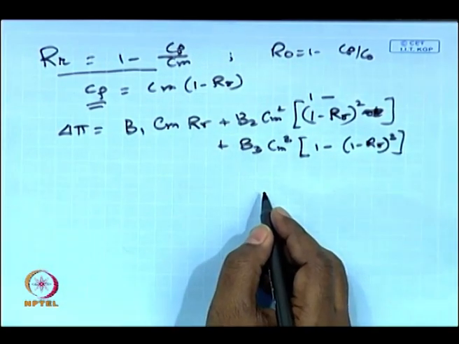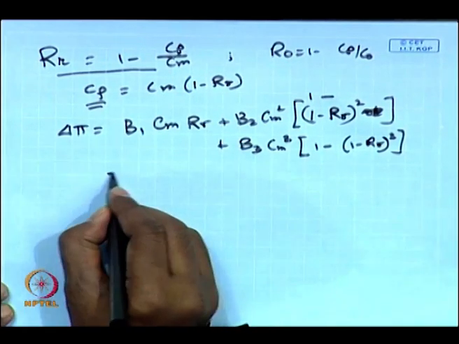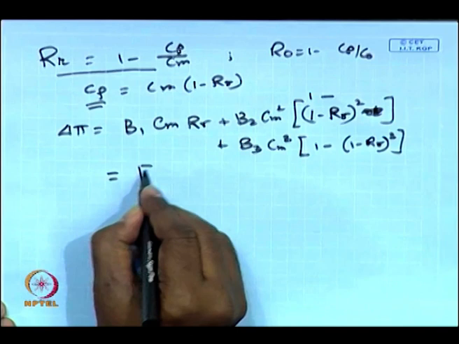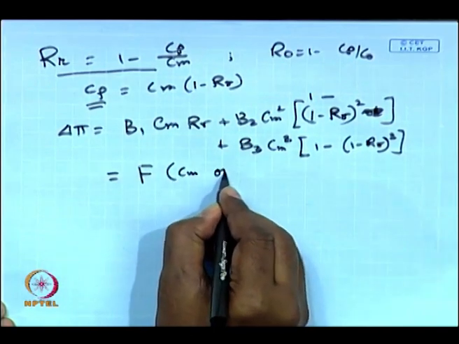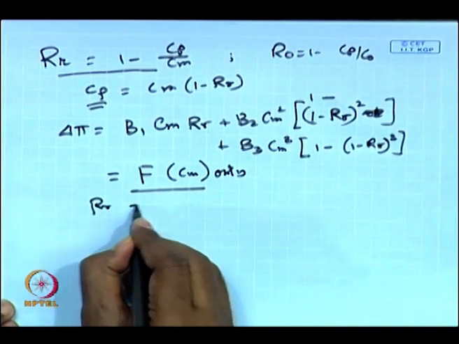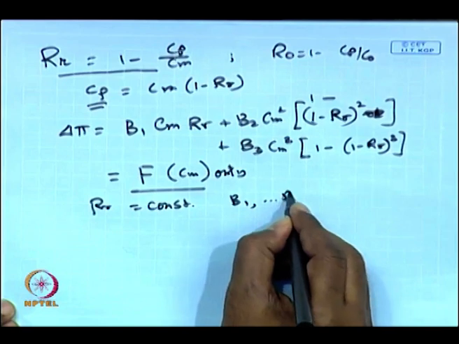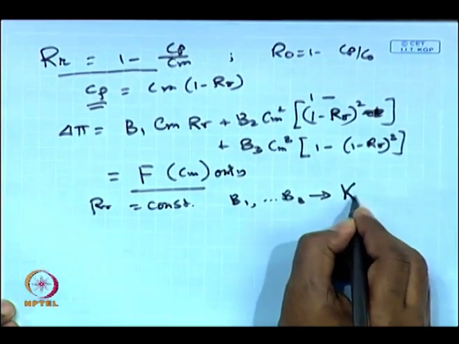Okay. So, once you get this expression, what is delta pi? Delta pi is nothing but a function of Cm only, because RR is constant and the coefficients B1 to B3 are known to you.